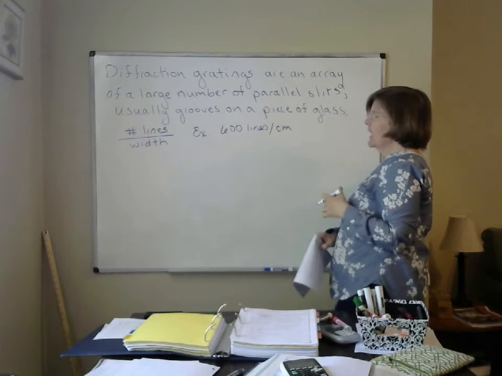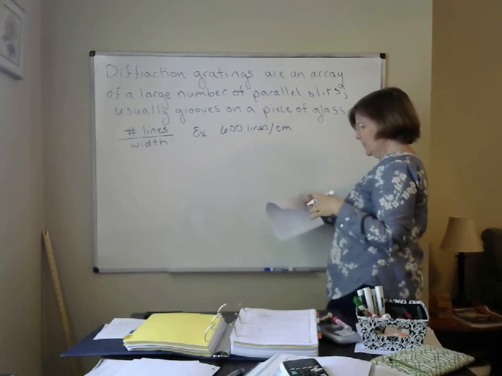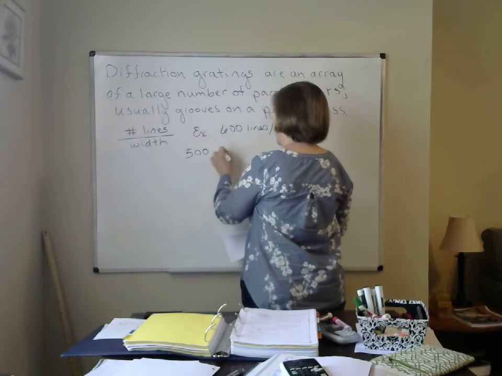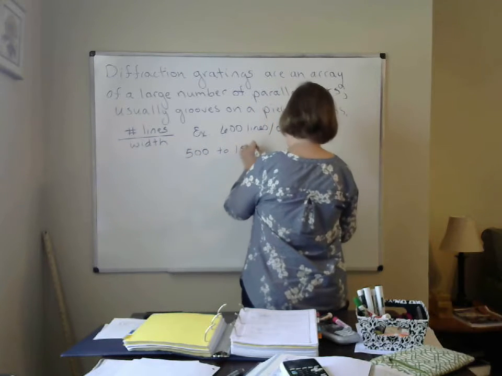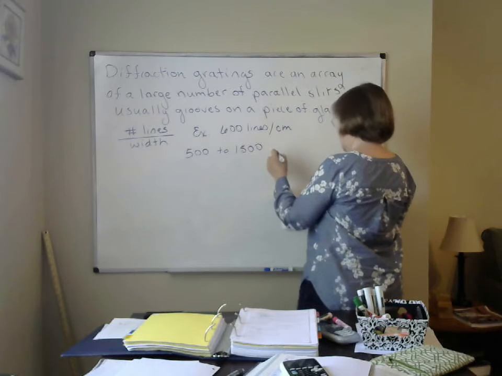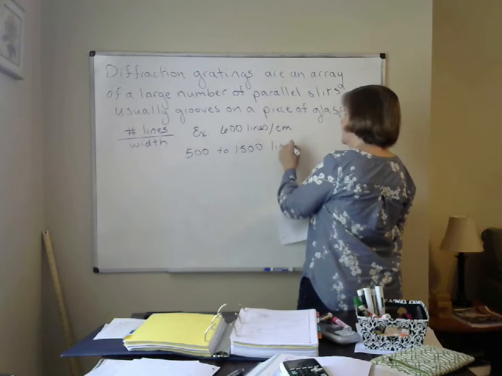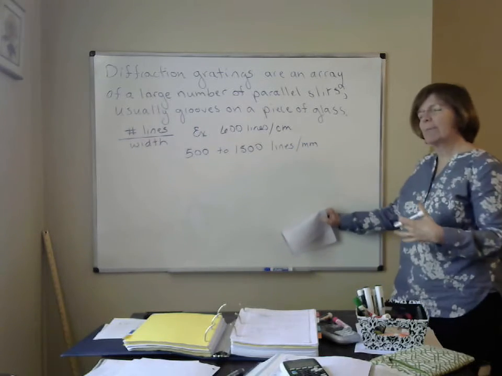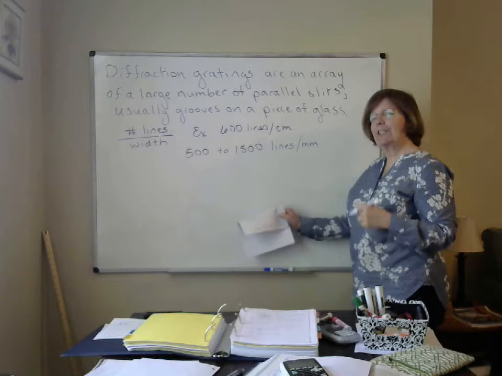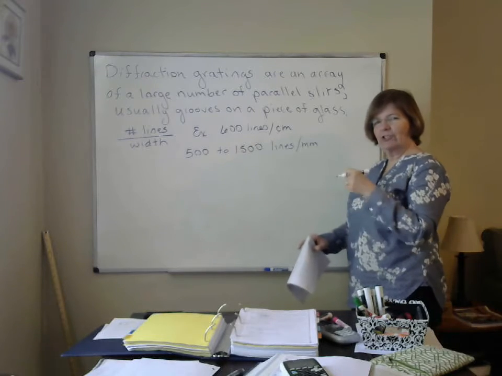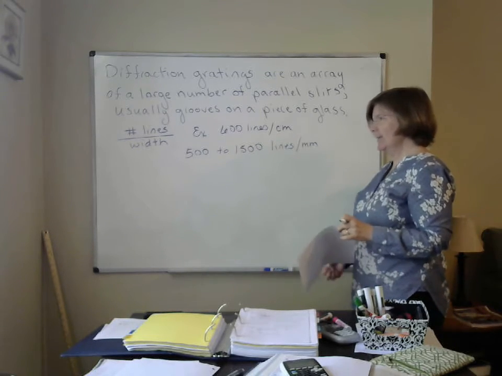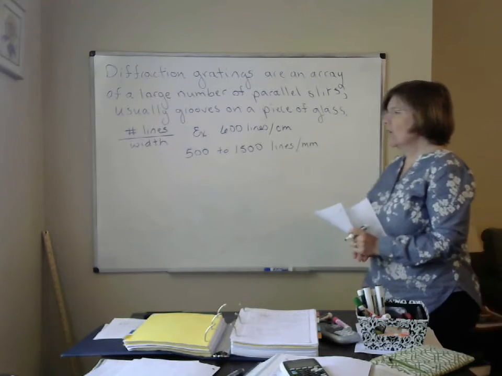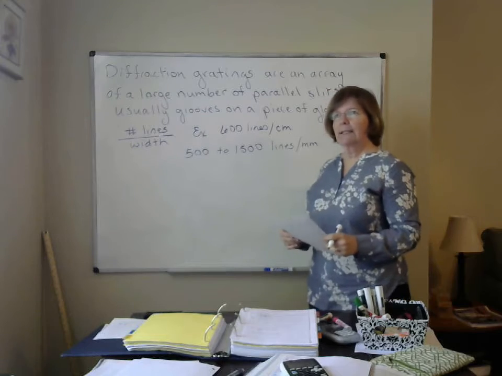Generally, if we're looking at a diffraction grating for the visible spectrum, they're going to be anywhere from, say, 500 to 1,500 lines per millimeter. I can hardly even imagine how one can get 1,500 lines etched into a piece of glass in a 1 millimeter spacing. But they can, and that gives us things that are on the order of a wavelength.